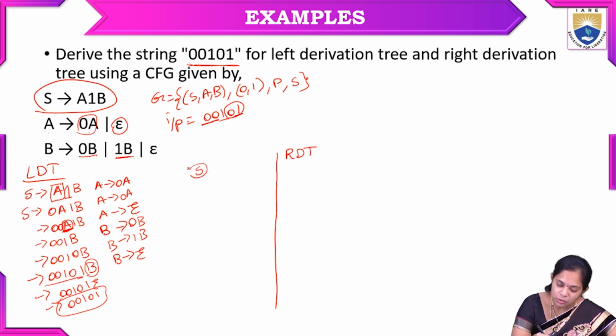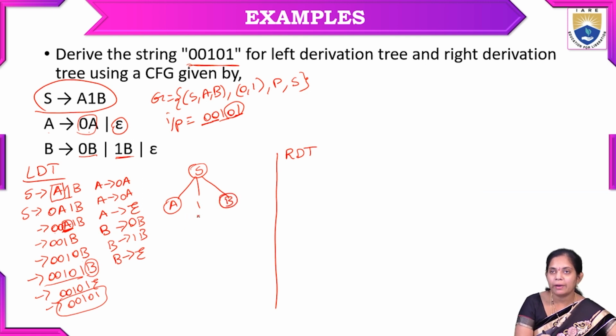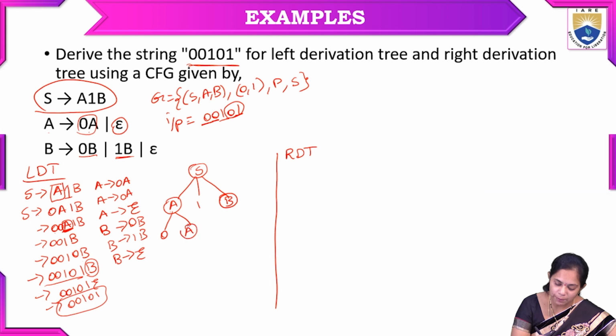Here S is the root node. Here we have the input string A and B. The non-terminals are circled, and those are represented as internal nodes. In the leftmost derivation, A tends to 0A, we are replacing, and here also 0A.